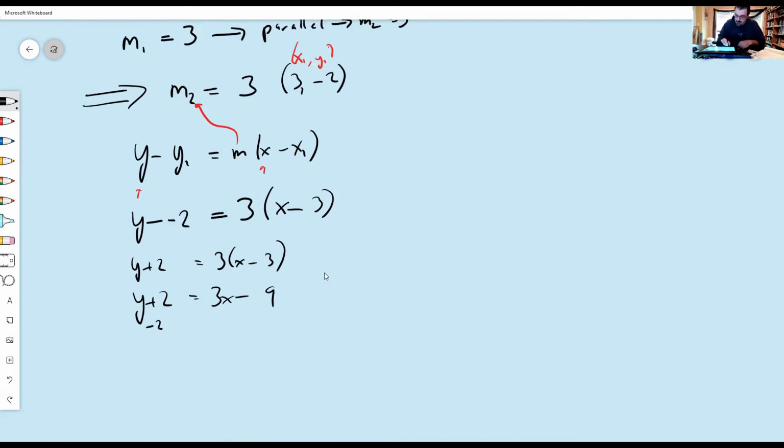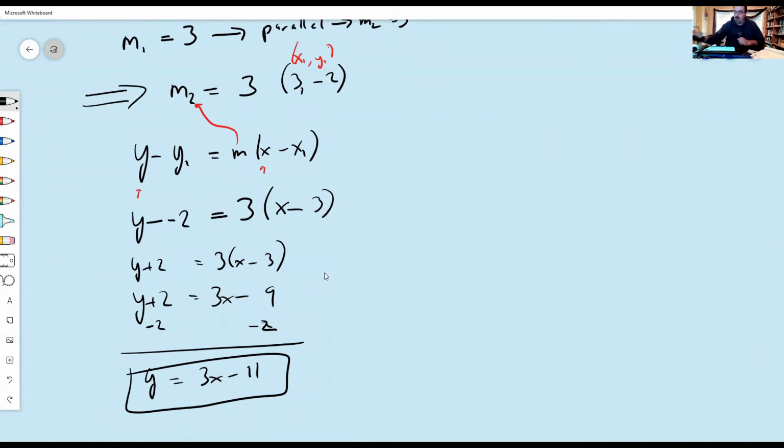Solving for y, move the 2. Y equals 3x minus 11. There we are. So that's how you can find the equation of a line that is parallel to another line.